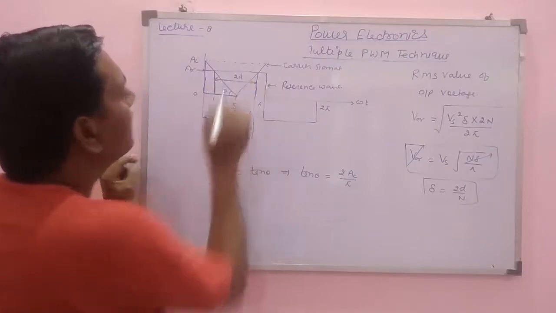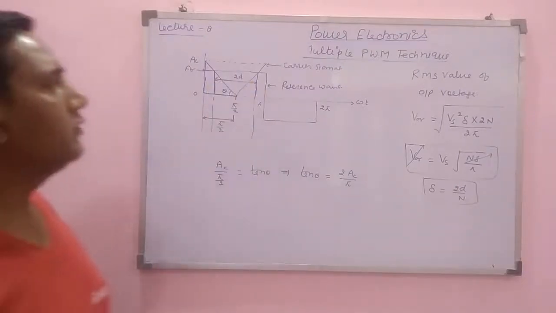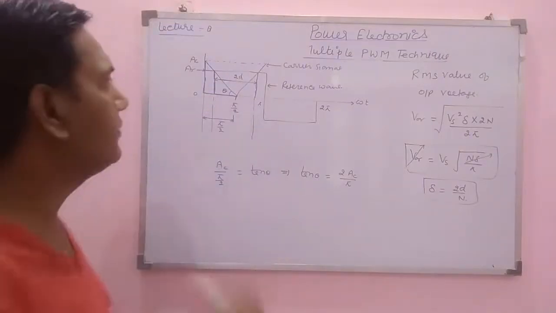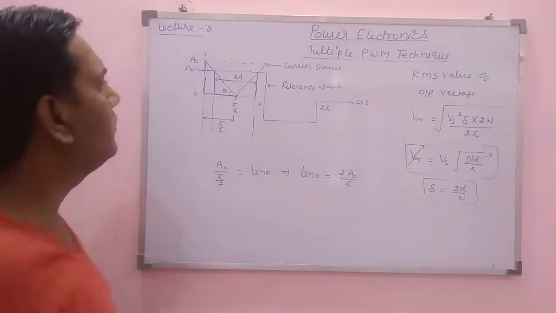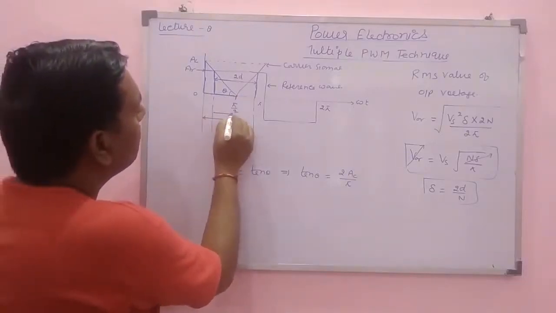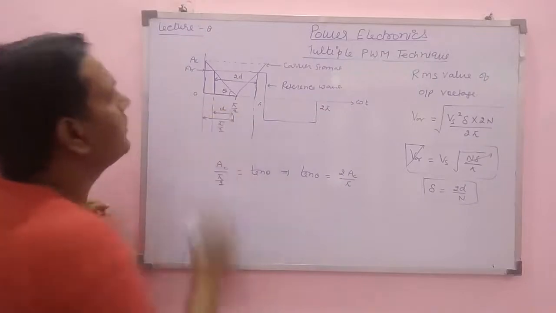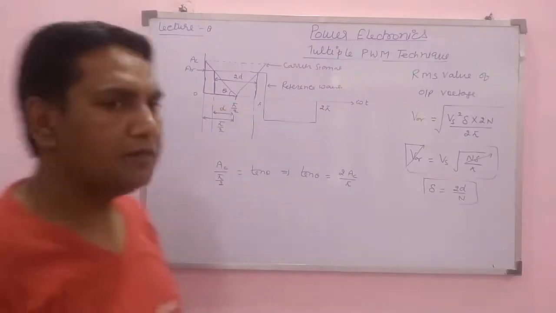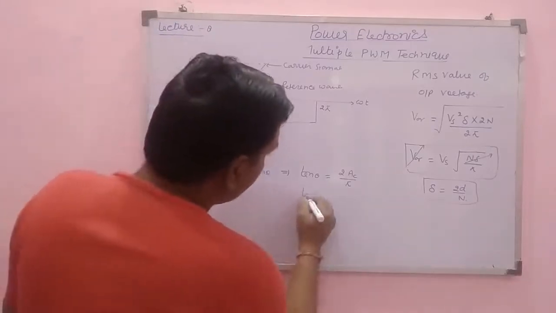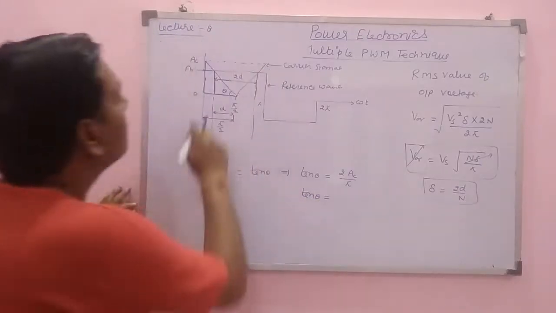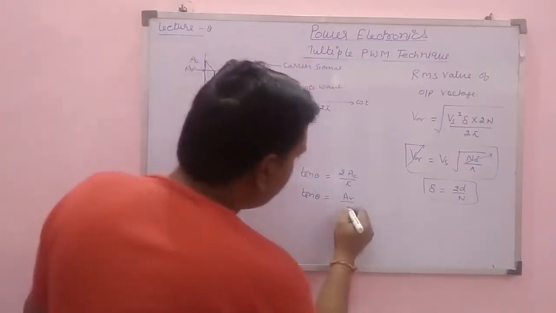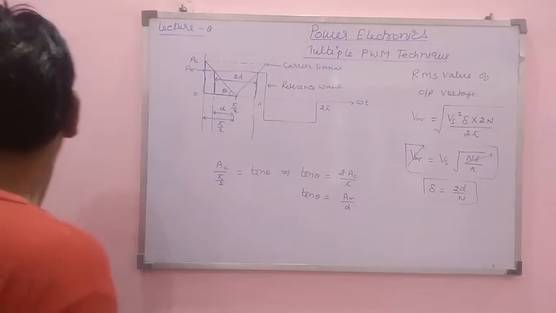This is equal to 2D, because in single pulse modulation we have discussed the total width of the pulse in each half cycle is equal to 2D. So this is D, the half pulse width. So in that case you can see that tan theta is equal to AR divided by the base, which is D.